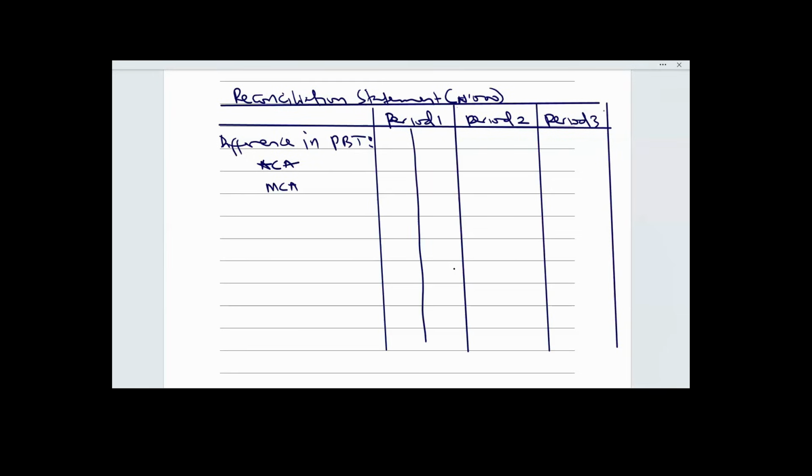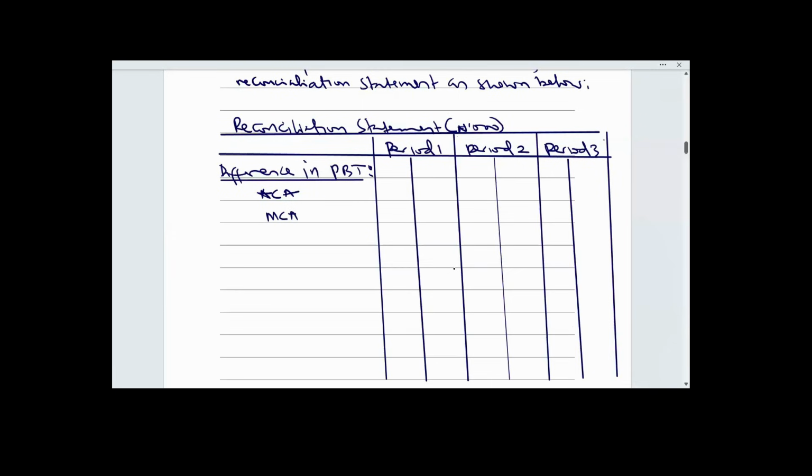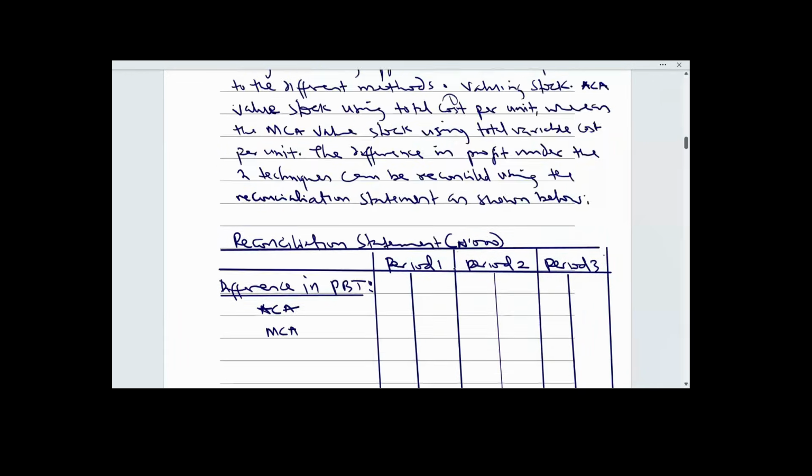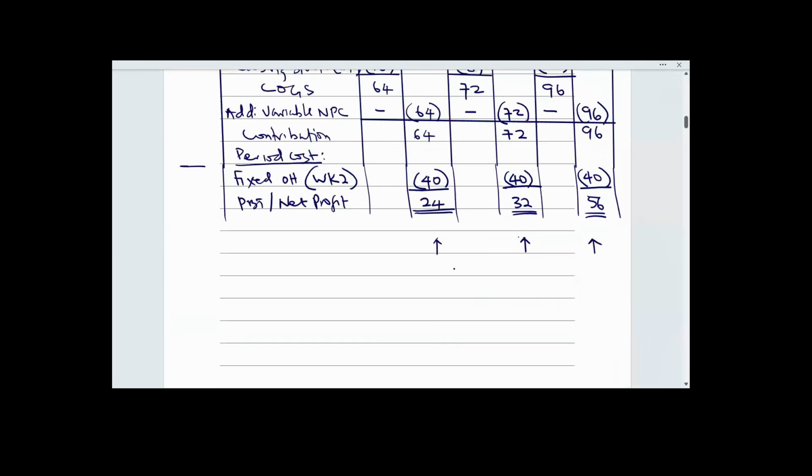Based on our calculation, in the first period, how much was your profit before tax? 32.